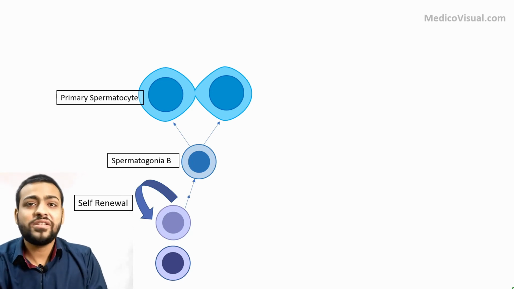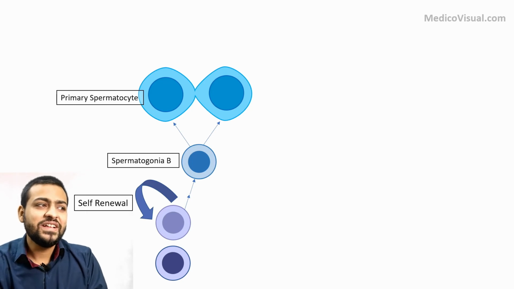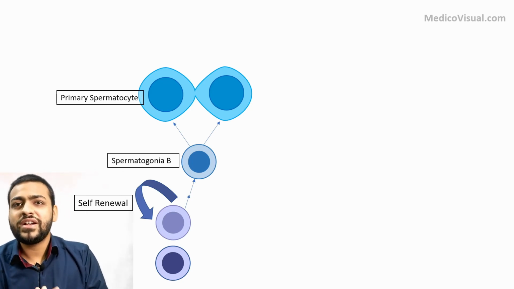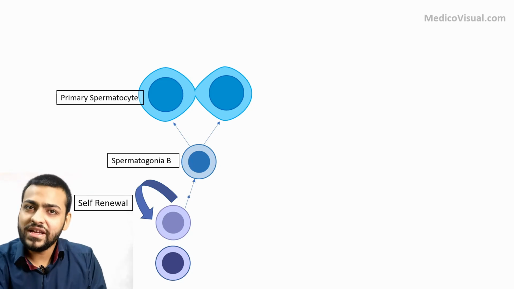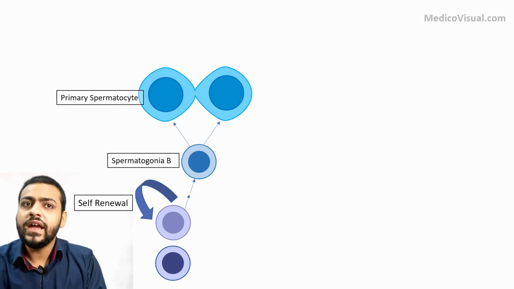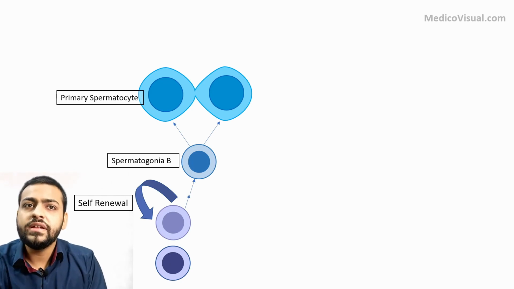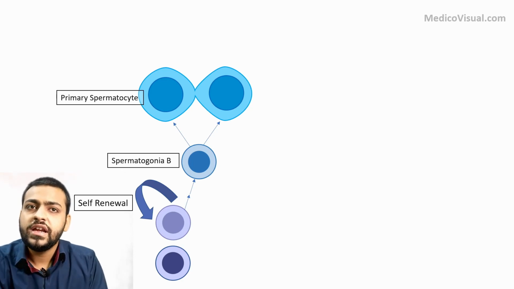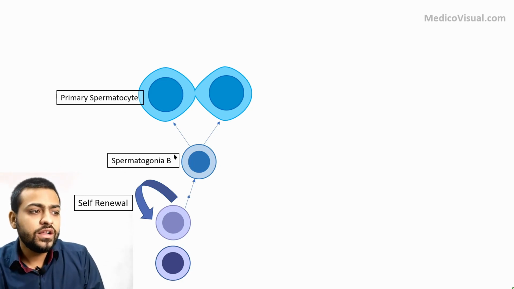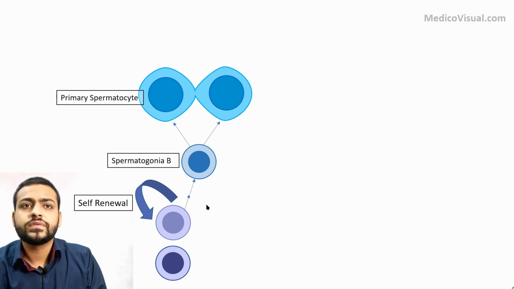But now there is a problem here. What is the problem? The problem is that when this primary spermatocyte will undergo meiosis, and it will undergo crossing over, and number of chromosomes will be halved, what will happen is that the DNA of that subsequent cells will be different from all those cells of the body.